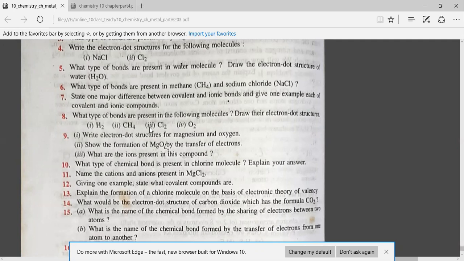11th. Name the cations and anions present in MgCl2. So what is the cation in this MgCl2?